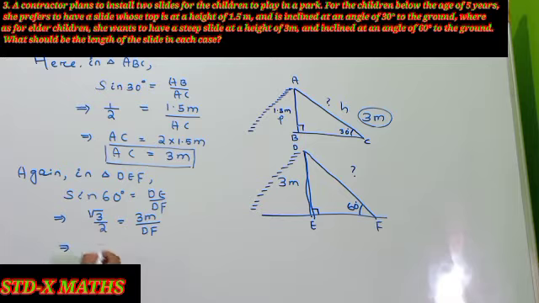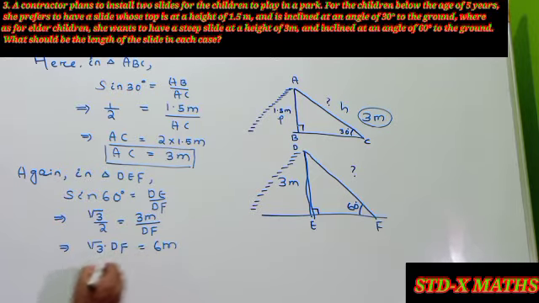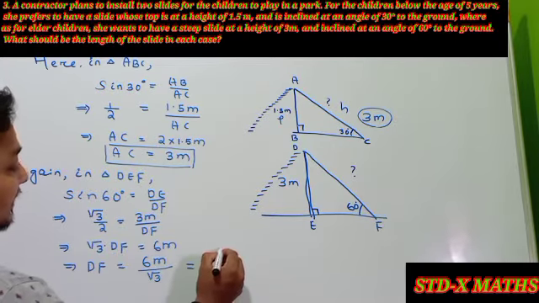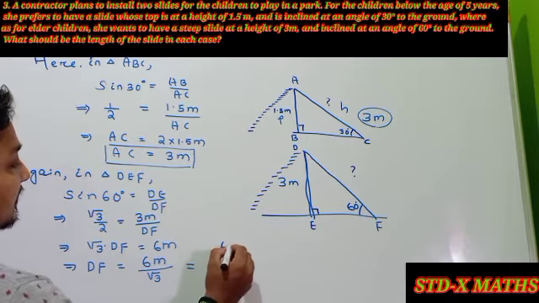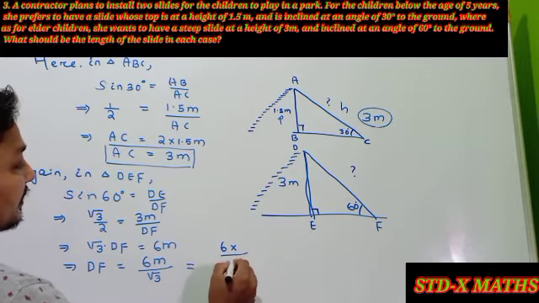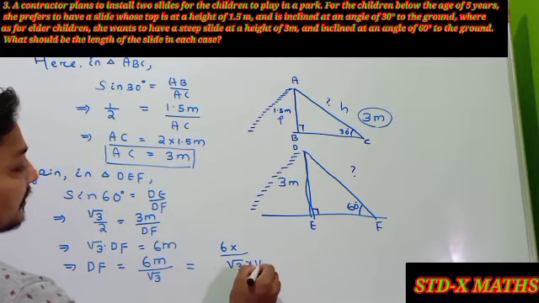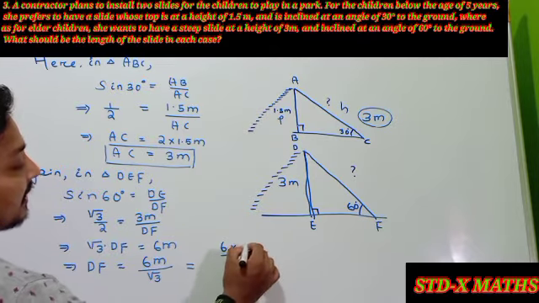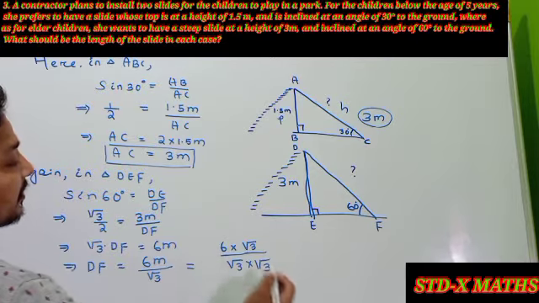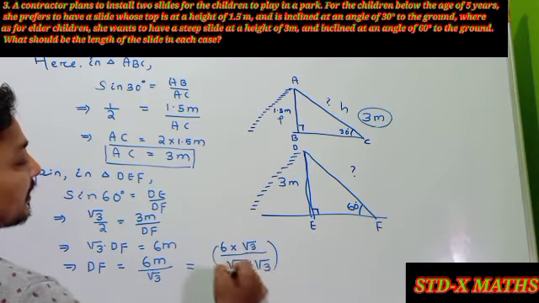By cross multiplication, root 3 into DF is 6 meter. It implies DF is 6 meter divided by root 3. On rationalizing the denominator, we get 6 into root 3, multiplying root 3 in the denominator as well as in the numerator.